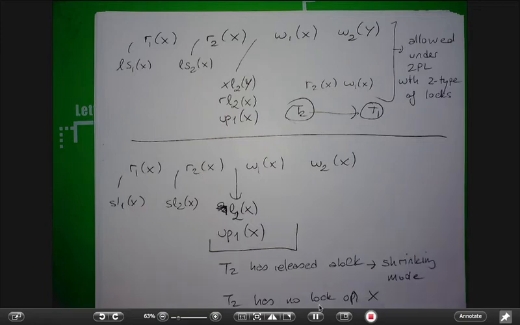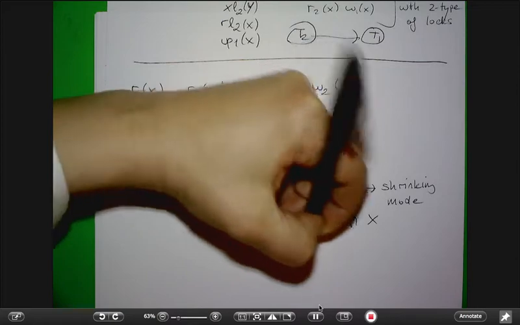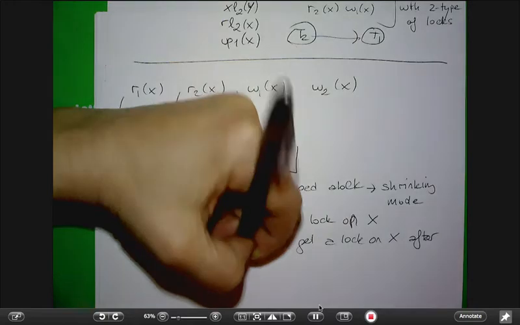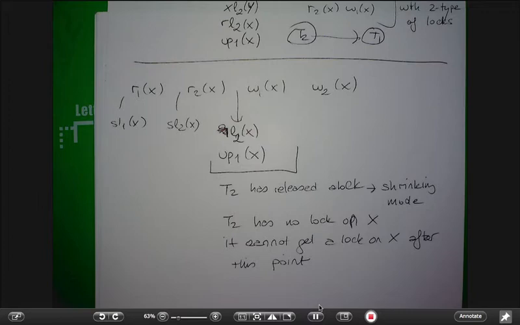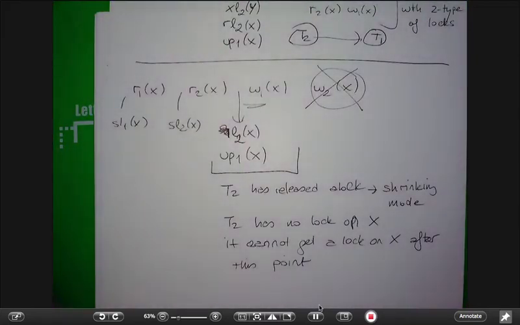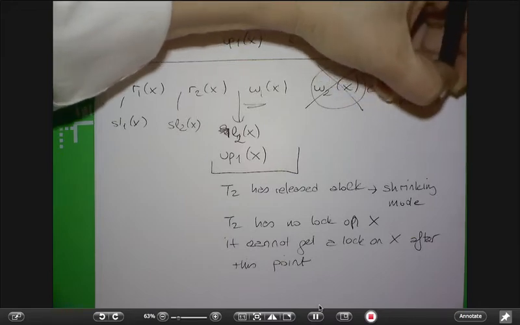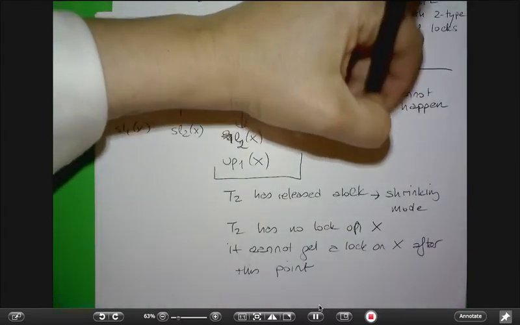That means it cannot get another lock on X. So we know for sure that it cannot get a new lock. So because of that, while this can happen, this cannot happen, right? Because I can no longer write X, so this cannot happen. So this schedule is not possible.